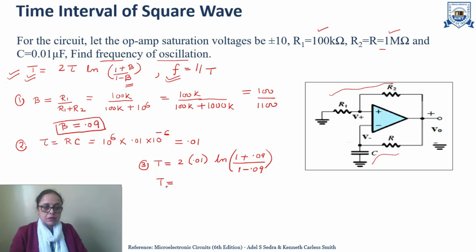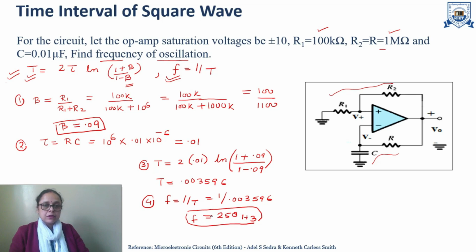If we solve this, we will get T as 0.003596, and to calculate the frequency of oscillation, f will be 1 upon T, that is 1 upon 0.003596, and it will be 258 hertz.